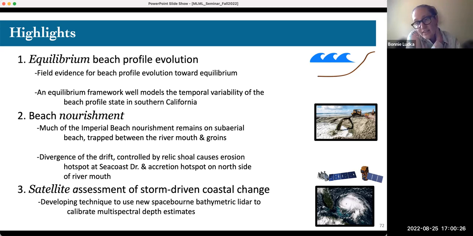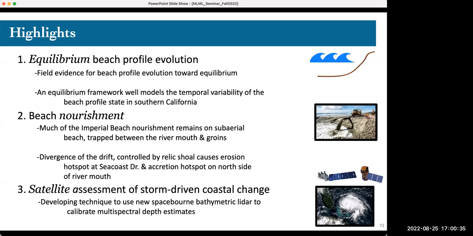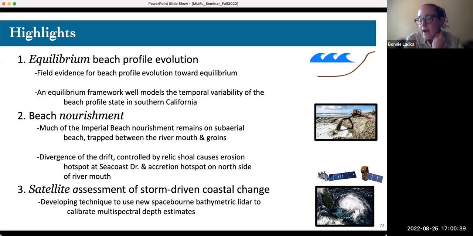Yeah, I think they did use it with the intention of keeping the sand on the subaerial beach longer. I worked at the Coastal Commission after that happened, and having seen the approval of other nourishment projects, part of me is a little bit surprised that the coarser grains were allowed.